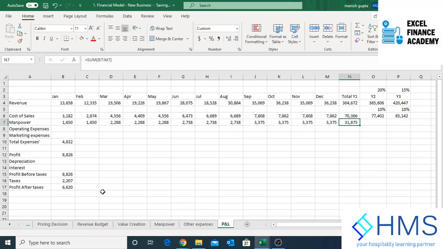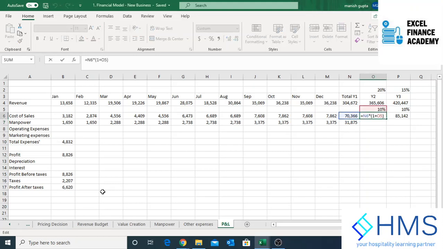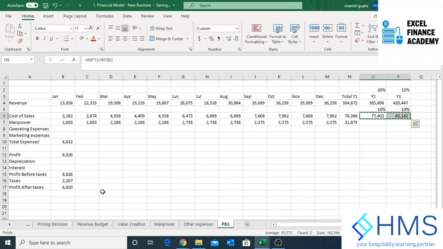Now you have manpower cost in this one, and then you can apply the inflation same as the other formula that we have used in the past. So you can say, okay, the O5, we can fix this, and then just copy the formula.